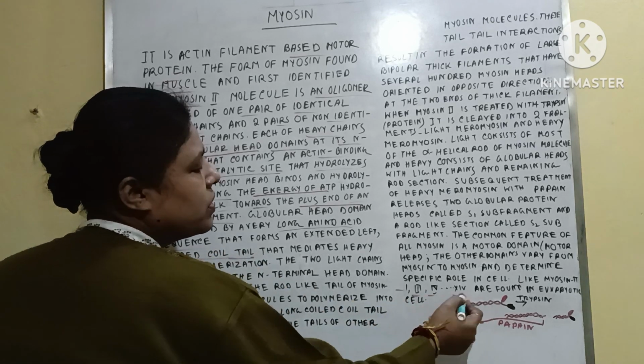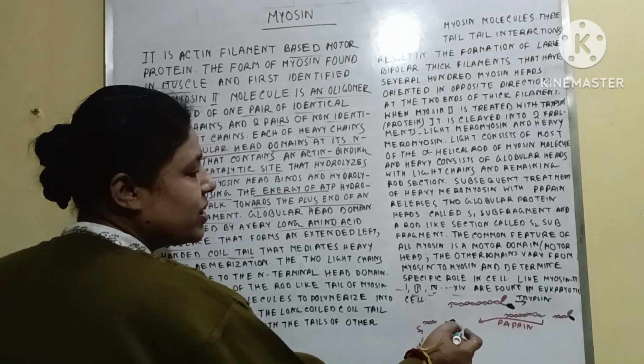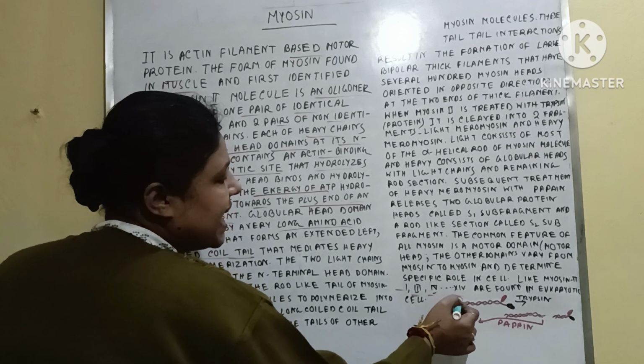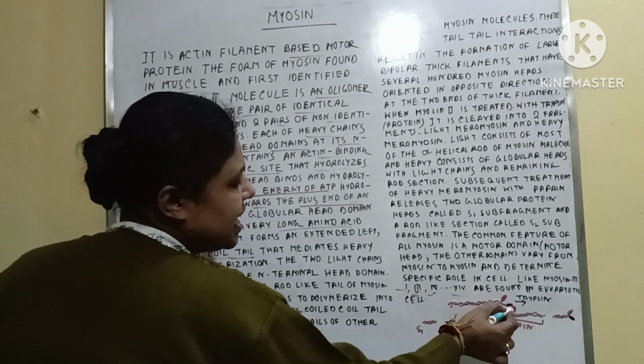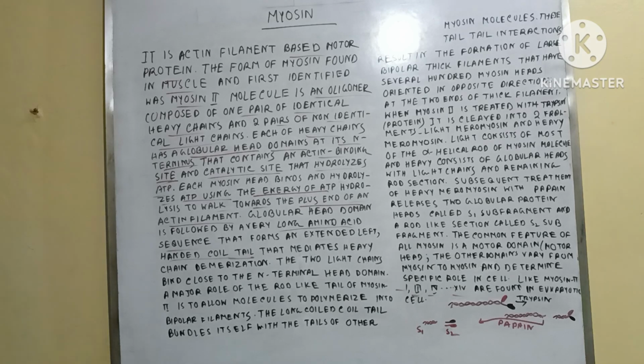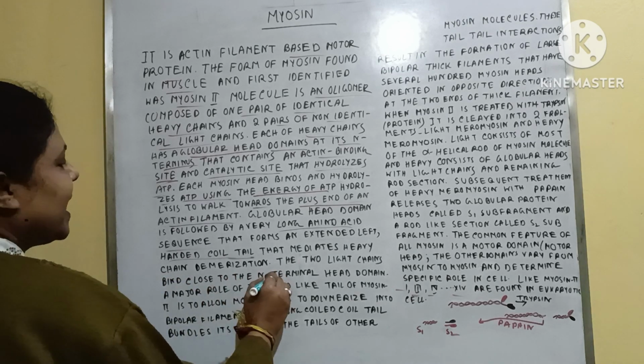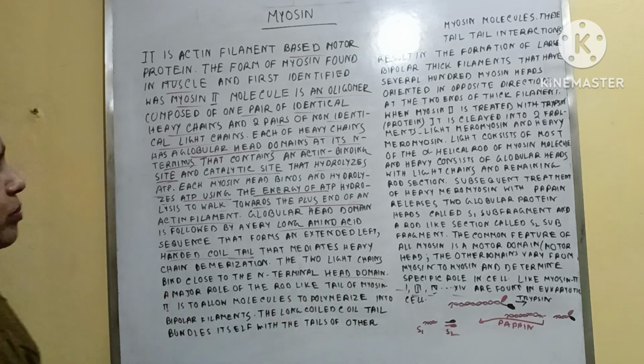This is the brief or rough diagram, you can say. These are the tail region and this is the head region. And the two light chains bind close to the N-terminal head domain. So where can they bind? They generally bind closely at the N-terminal head domain.